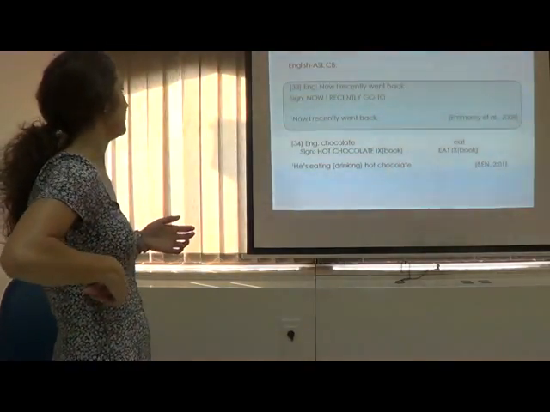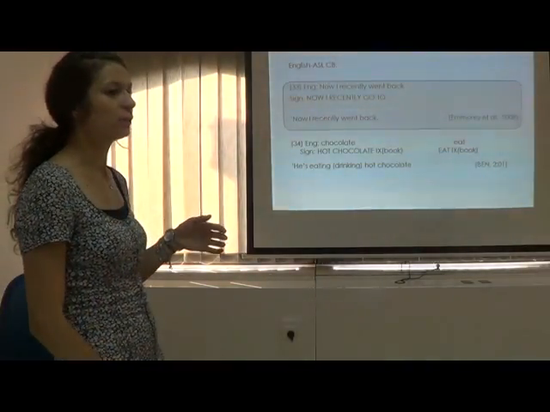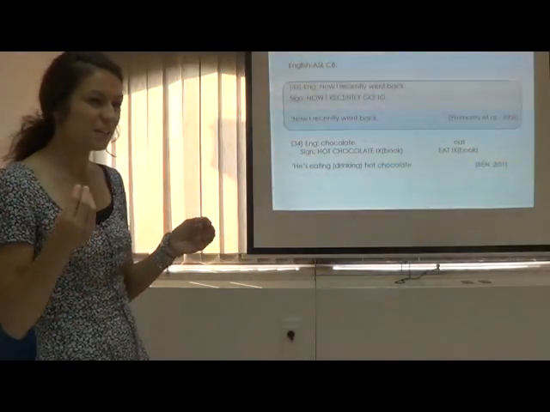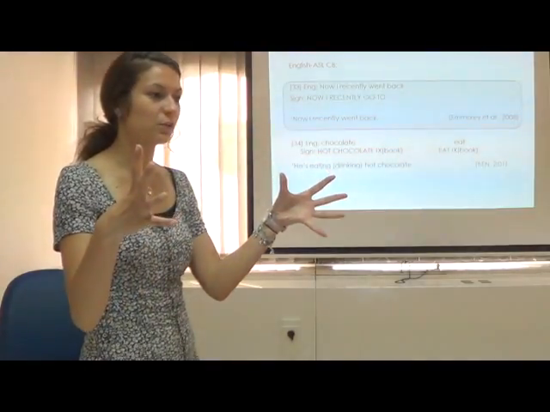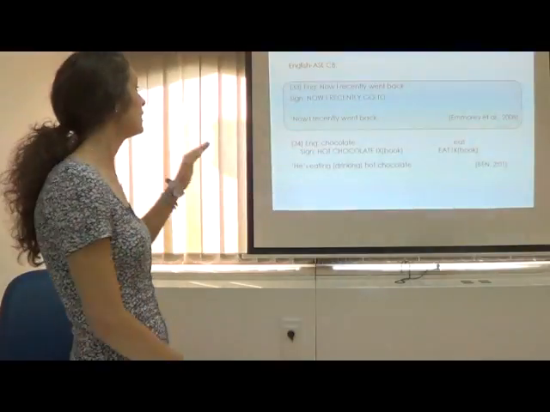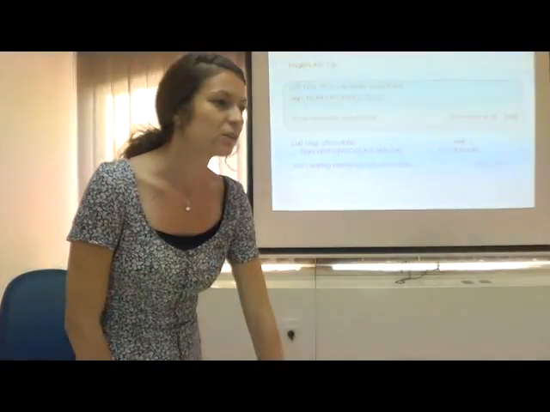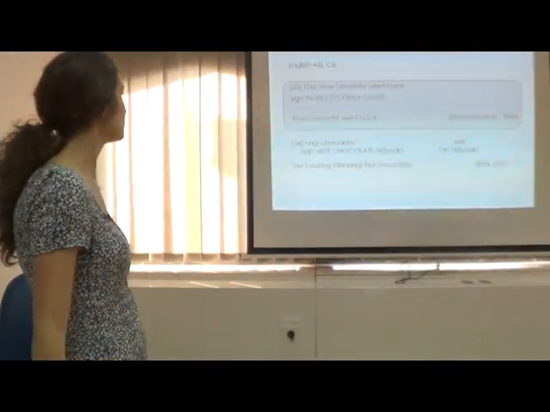In ASL, you wouldn't sign 'now' and 'recently' at the start, because the adverbials are usually at the end, since there are no tenses. The way you set up the utterance, you talk about something and then put the adverbial at the end. Either way, the sign is not a grammatical ASL structure. It's influenced by English.